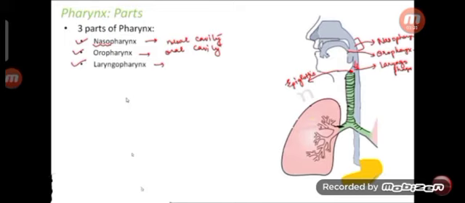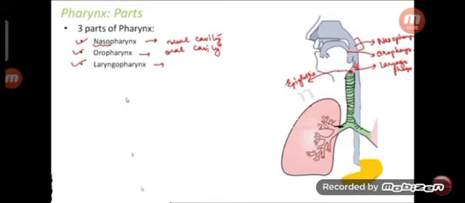The part connected to the nose area is called the nasopharynx. The part connected to the oral cavity, as the name shows, is called the oropharynx.